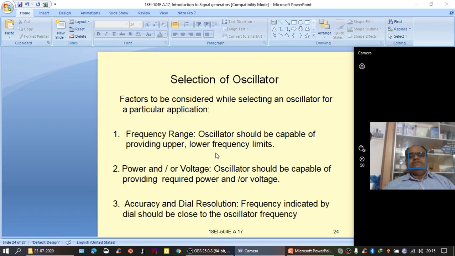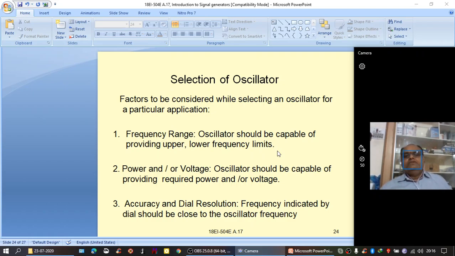Oscillator should be capable of providing upper and lower frequency limits. That means when we need a certain frequency signal, then the oscillator should be in a position to provide both upper frequency as well as lower frequency.